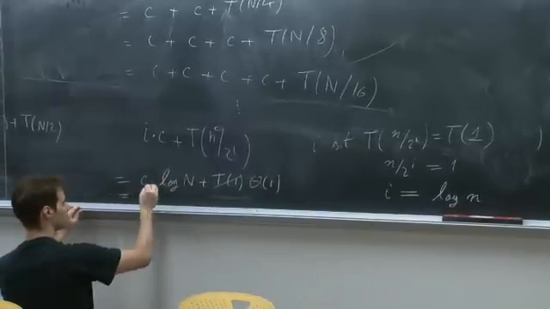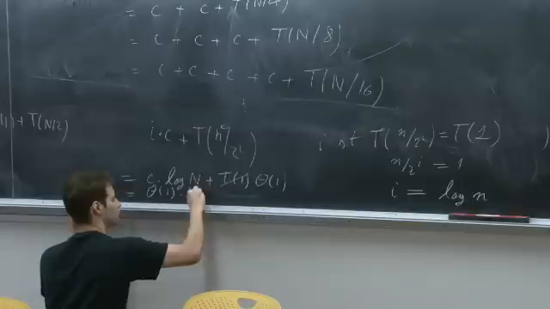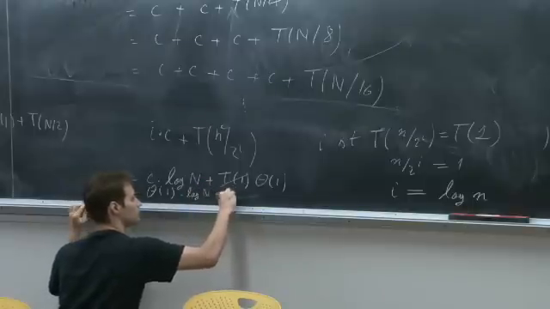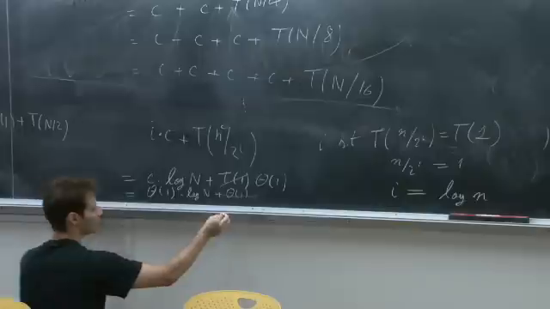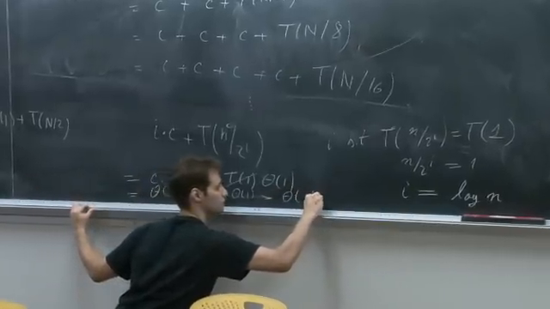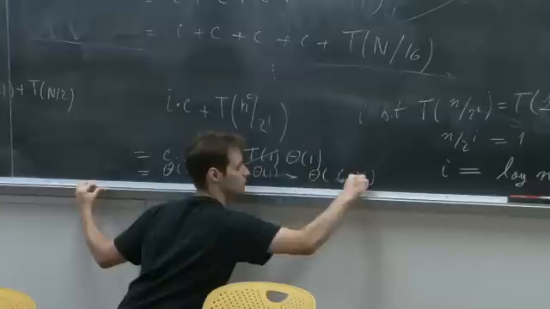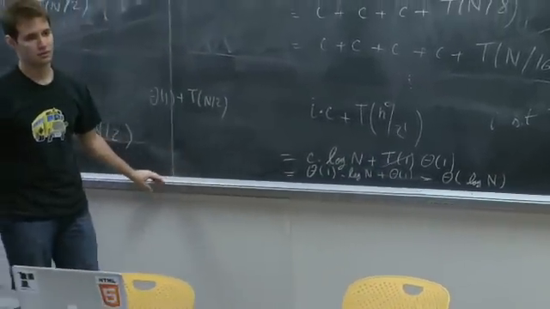I'm going to make this theta of 1 again. So theta of 1 times log n plus theta of 1. And I know that log n dominates a constant, so this is going to be theta of log n. Solved.